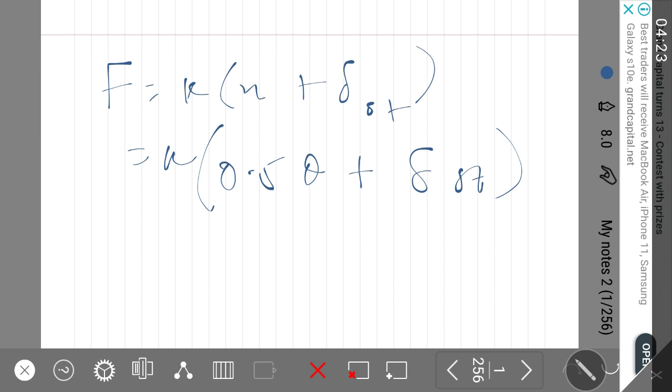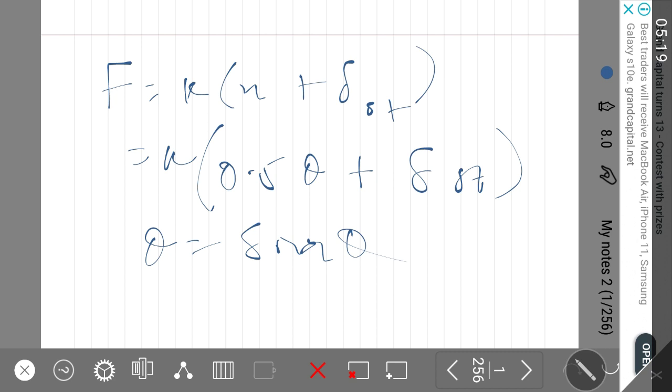The question comes: why do we have 0.5 theta? We have 0.5 theta because we are assuming a very small deflection, so sine theta is approximately equal to theta.